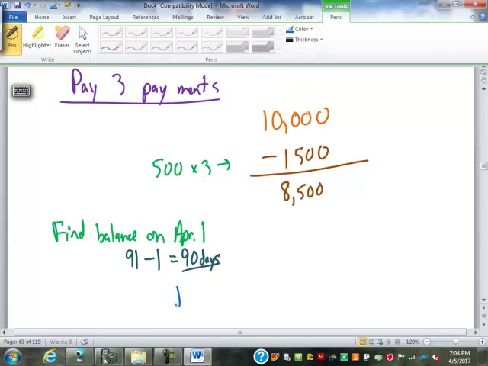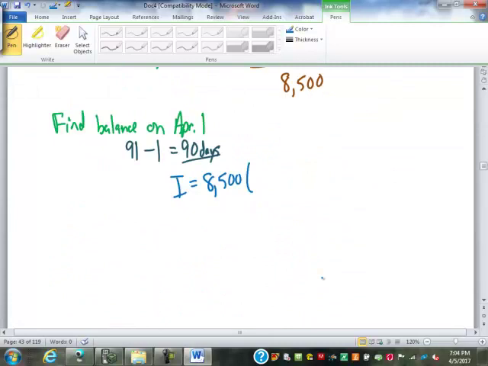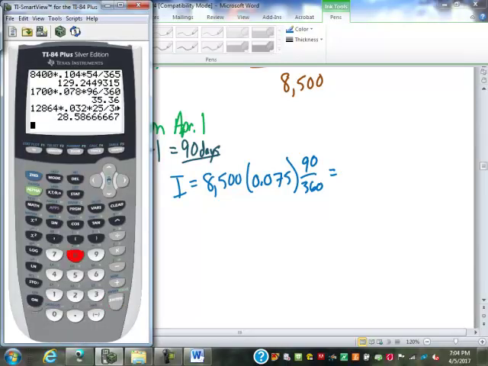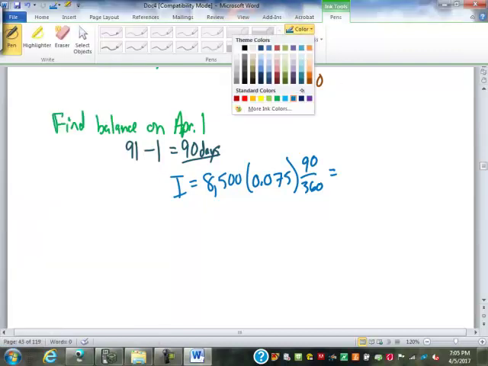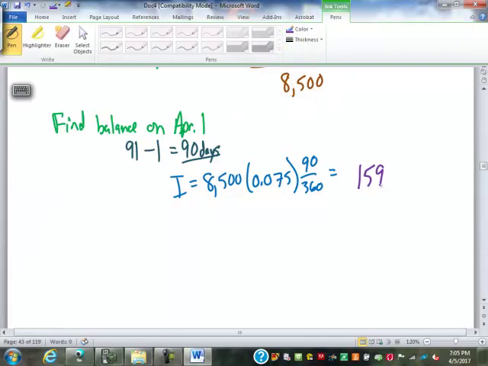So our interest is going to be that principal of $8,500 after we made our payments, times 7.5%, so 0.075 times 90 over 360. 8,500 times 0.075 times 90 divided by 360 is $159.38 of interest.